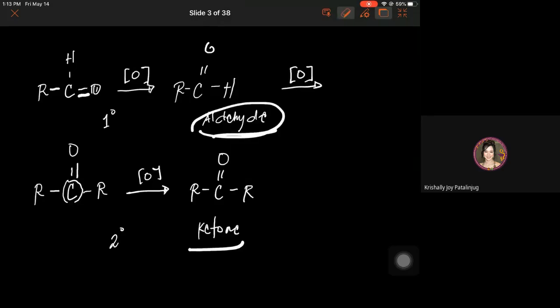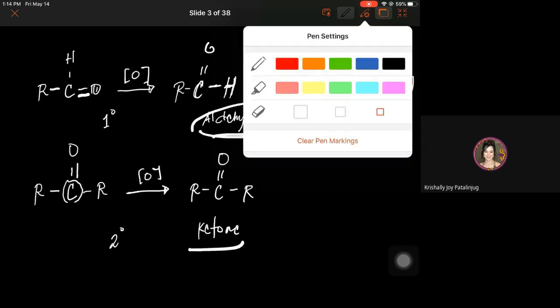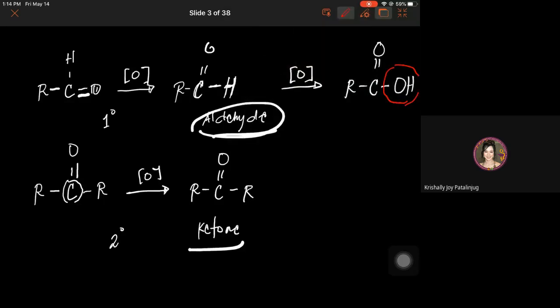How does the carboxylic acid form? Look, the carbon still has a terminal hydrogen. Remember this: hydrogen is very much oxidizable. It is easily oxidized into hydroxyl. That is why the final product, the carboxylic acid, has a hydroxyl in place of the hydrogen of the aldehyde.